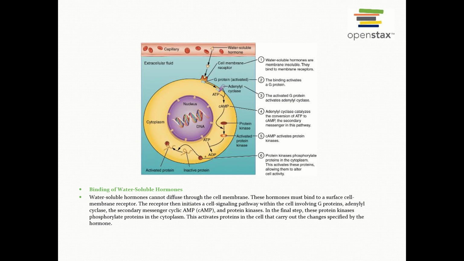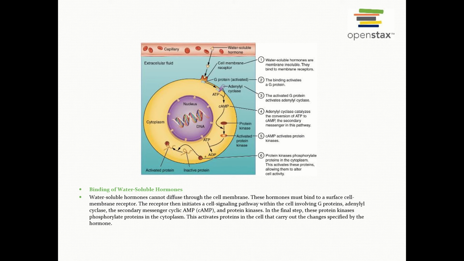The receptor then initiates a cell signaling pathway within the cell involving G proteins, adenylyl cyclase, a secondary messenger cyclic AMP, abbreviated cAMP, and protein kinases. In the final step, these protein kinases phosphorylate proteins in the cytoplasm. This activates proteins in the cell that carry out the changes specified by the hormone.